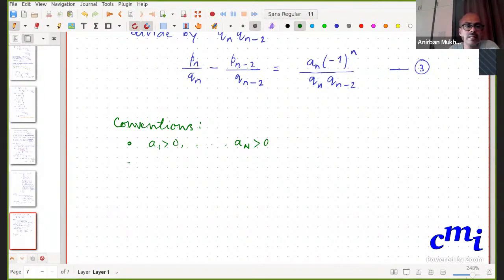It also can be negative. So a_0 can be 0 or negative.